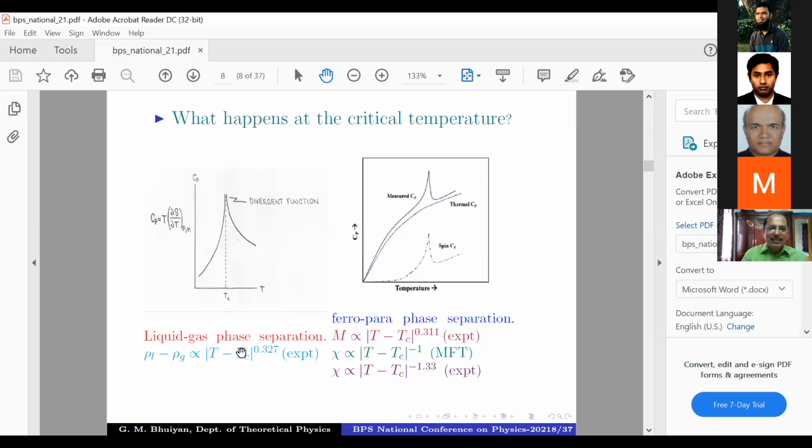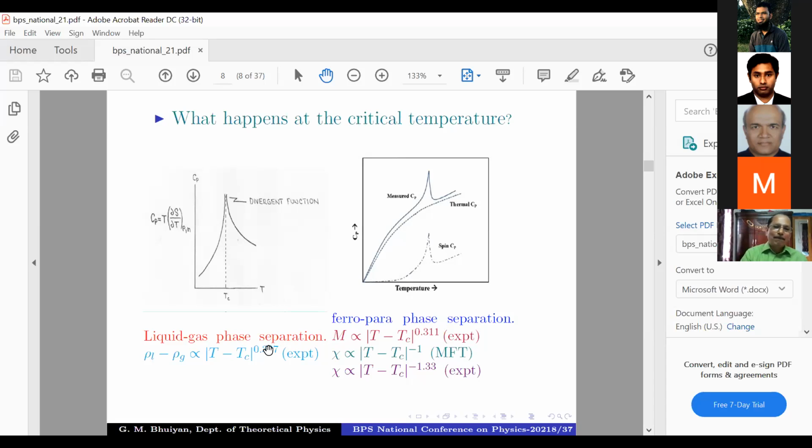You see, the exponents are very close to each other. That means within the experimental error, these are the same exponent. So this is the most interesting thing in critical phenomena, and the exponent is known as the critical exponent, what I was talking about.